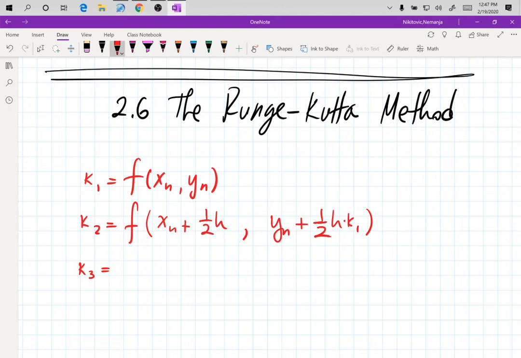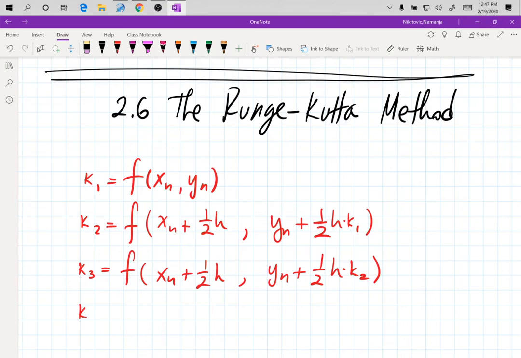K3 is f of xn plus 1/2 h, comma, yn plus 1/2 h times K2. K4 is f of xn plus 1, comma, yn plus h K3.